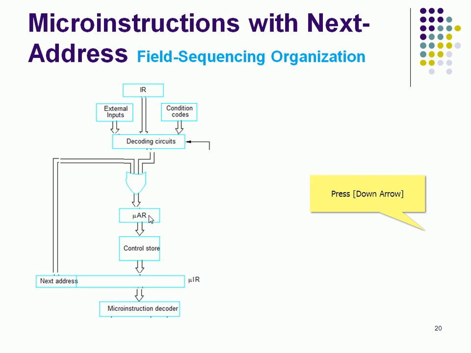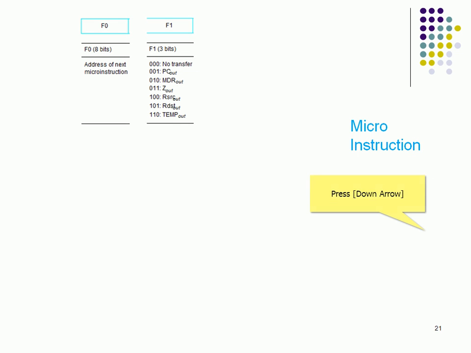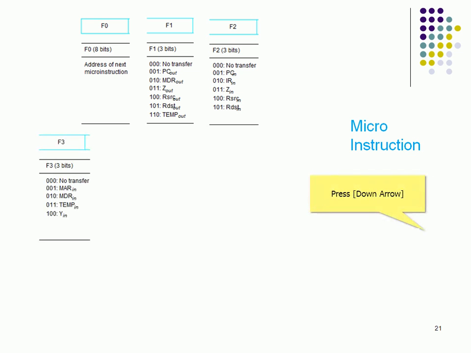So this IR we need to decode. That will reveal the exact operation, so the control signals are going to be generated. So here we again go back to the decode. The micro instructions will follow this format: F0 8 bits, F1 3 bits, F2 3 bits, and 3 bits for F3, right?